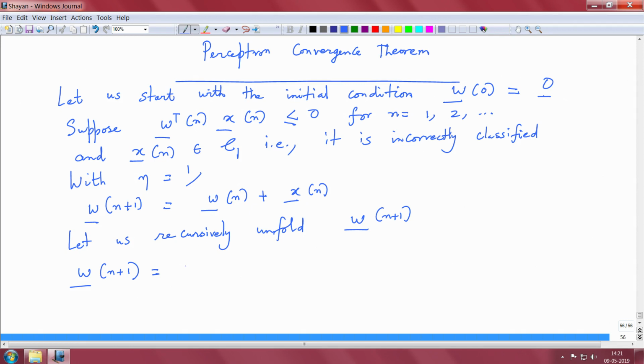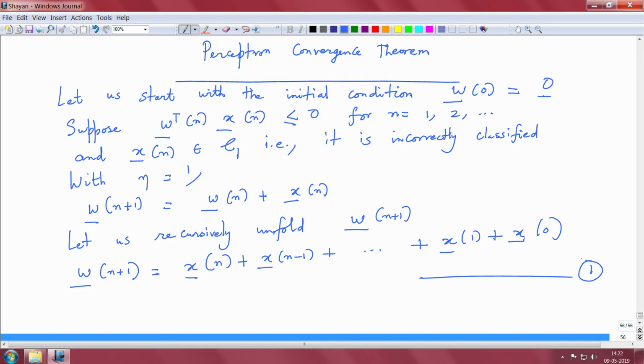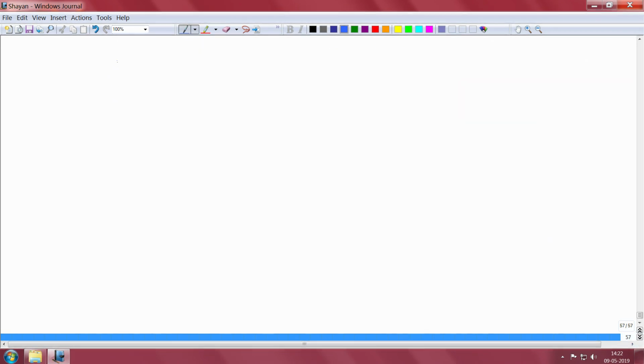We will end up with this on the right hand side: W_{n+1} is x_n plus x_{n-1} plus dot dot dot plus x_1 plus x_0. You have to take care here that W_1 is basically W_0 plus x_0, and W_0 happens to be 0, and therefore this quantity is correct. Let us call this equation 1.